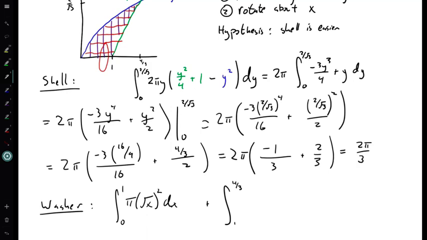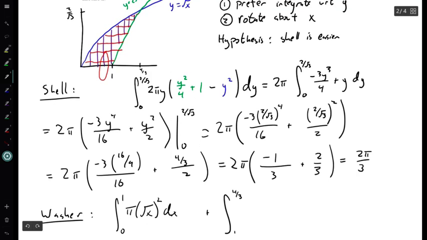For the interval where x lies between 1 and 4/3, I have a washer this time where the outer radius is the blue curve and the inner radius is the green curve. And so what I need to do is take pi times the outer radius squared. Outer radius is again root x, minus the inner radius squared. So the inner radius is now the green curve, which is 2 root x minus 1, squared, dx.